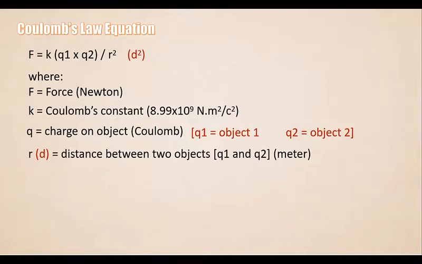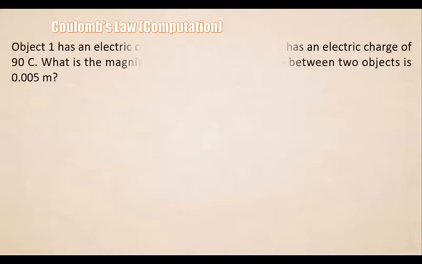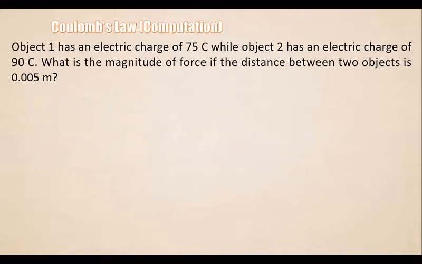Now that you are already familiar with the equation of Coulomb's law, let's proceed to given examples. Example number 1. Object 1 has an electric charge of 75 Coulomb, while object 2 has an electric charge of 90 Coulomb. What is the magnitude of force if the distance between the two objects is 0.005 meters?